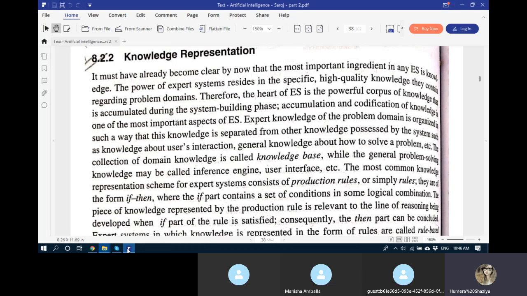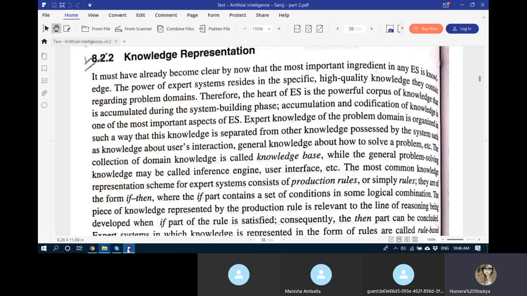So essentially, the entire knowledge has been represented in the form of production rules.